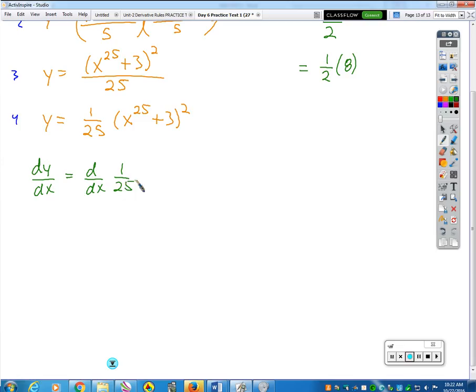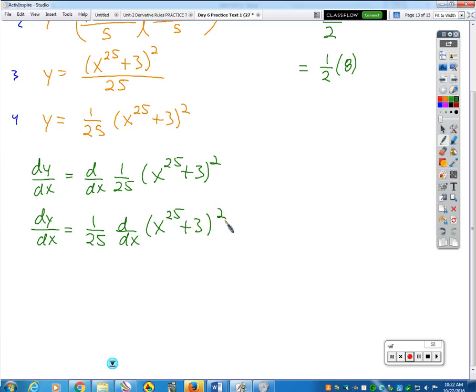But the constant property of differentiation allows me to now say that the 1 over 25 multiplying constant can come out. So it's still there, and it was still part of what was being differentiated, but the constant rule makes it seem like it didn't matter. Did that answer your question? Yes. Everybody gets it there?